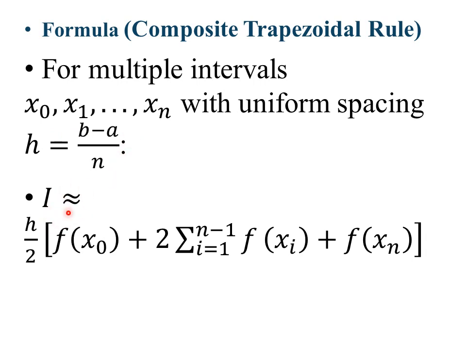The formula is I approximately h upon 2 times [f of x naught plus 2 summation i equal to 1 to n minus 1 f of xi plus f of xn].